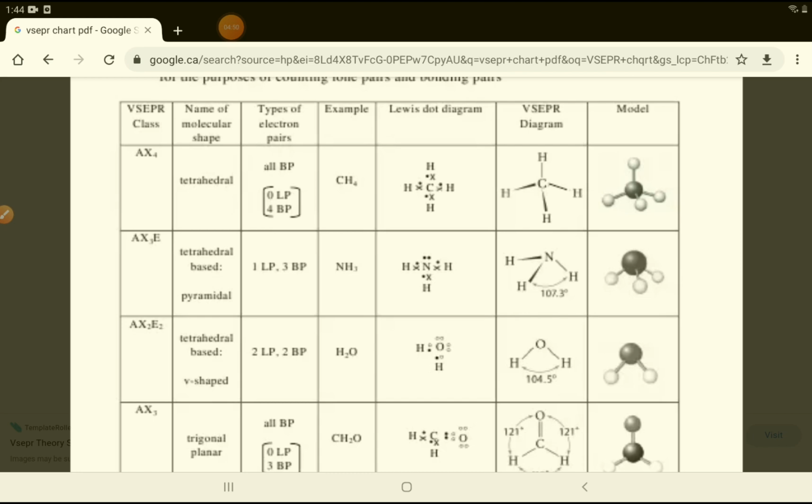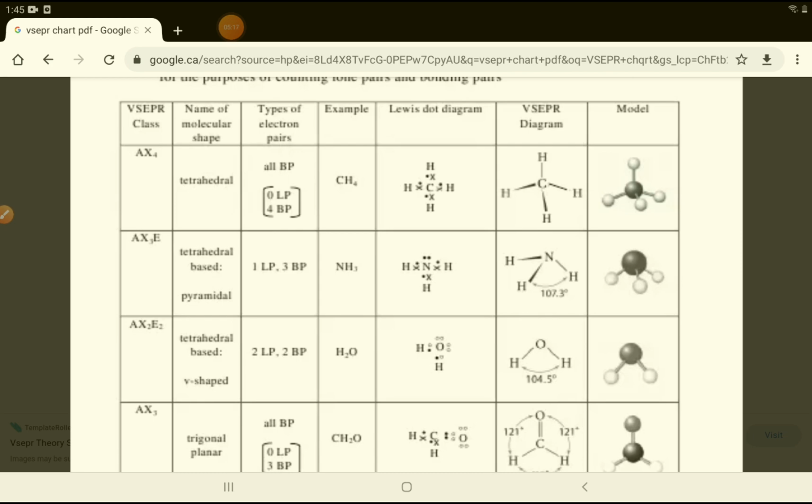Let's say I have a compound that has 3 bonds and 1 lone pair, like NH3, for example. Then it's going to be a pyramidal shape. Okay, or trigonal pyramidal, it depends on how you want to say it. And so, again, after drawing the Lewis structure, we would see that the VSEPR diagram looks like this with an angle of 107.3 degrees.